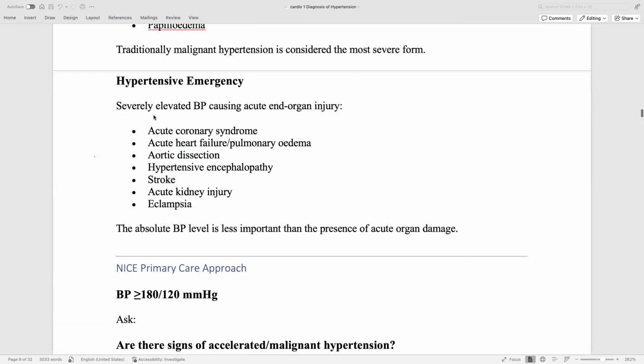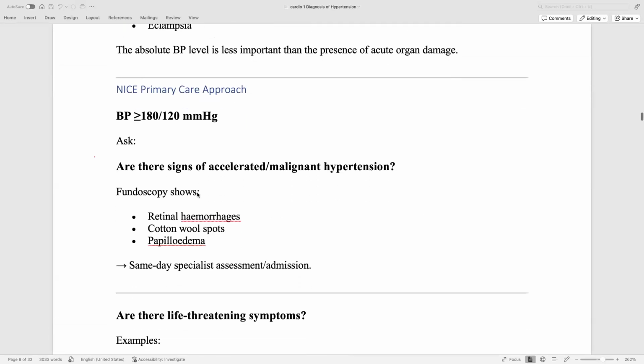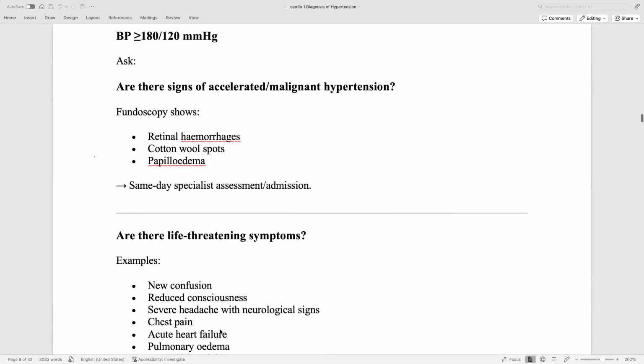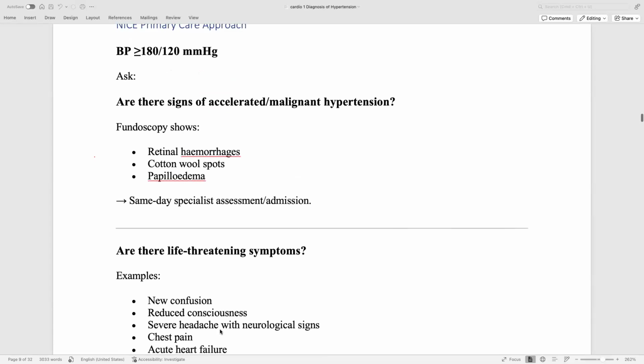If any one of these, emergency hospital admission, same day admission. Okay, life-threatening, emergency hypertension, admission to hospital. During the referral we don't give them treatment, nothing, not even sublingual captopril. We will come to that point.